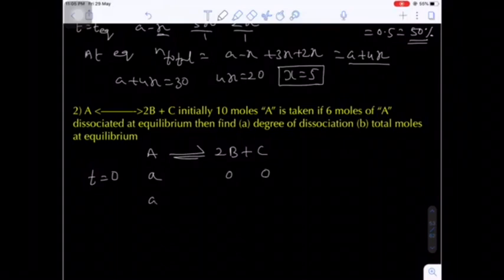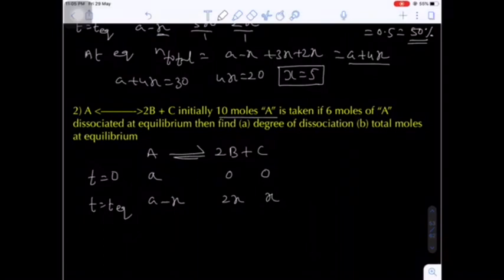Okay, 0 0. Now here at equilibrium, how many moles decompose? Let's suppose x moles. A minus x, here 2x by 1, here x by 1. Okay. Now how many total moles initially taken? 10 moles. Are you getting my point? So A value is 10.